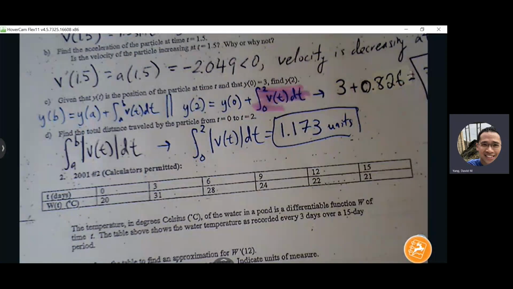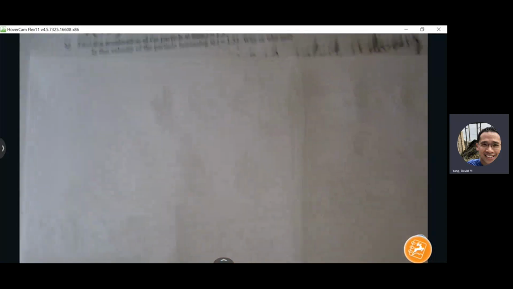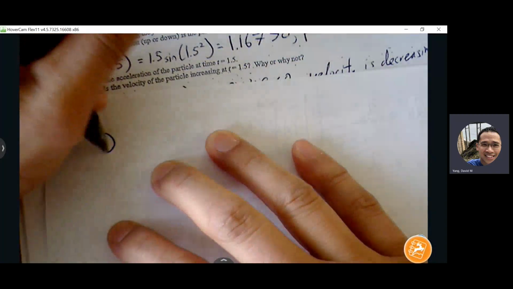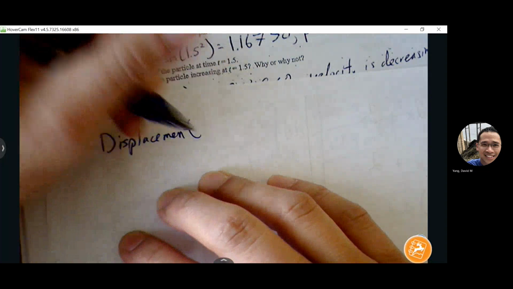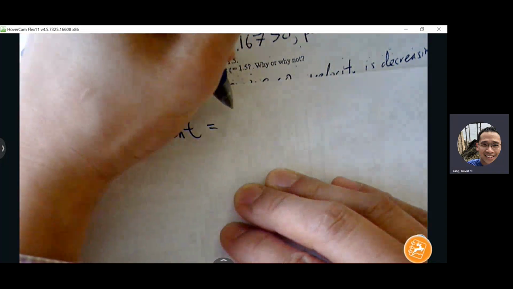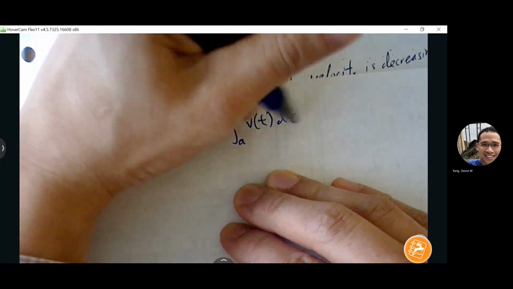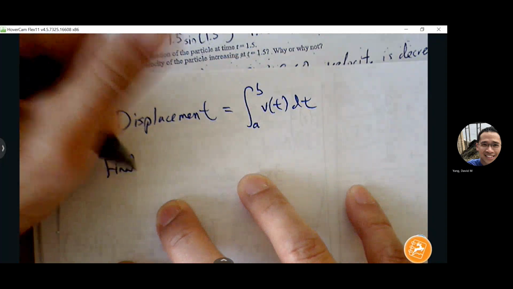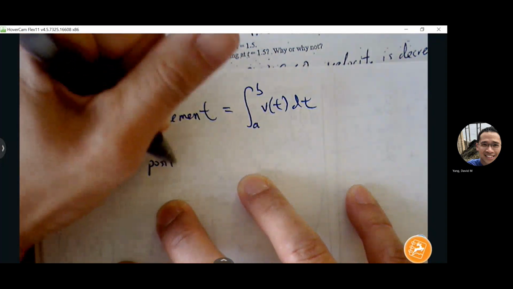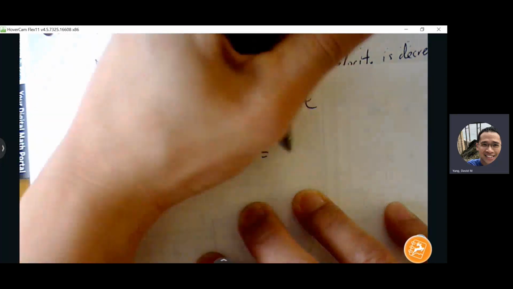Now, let me make a distinction here because it gets kind of confusing, because they're all kind of similar. So displacement is just the definite integral from A to B of v of t. Okay. Final position requires you to have a starting location.